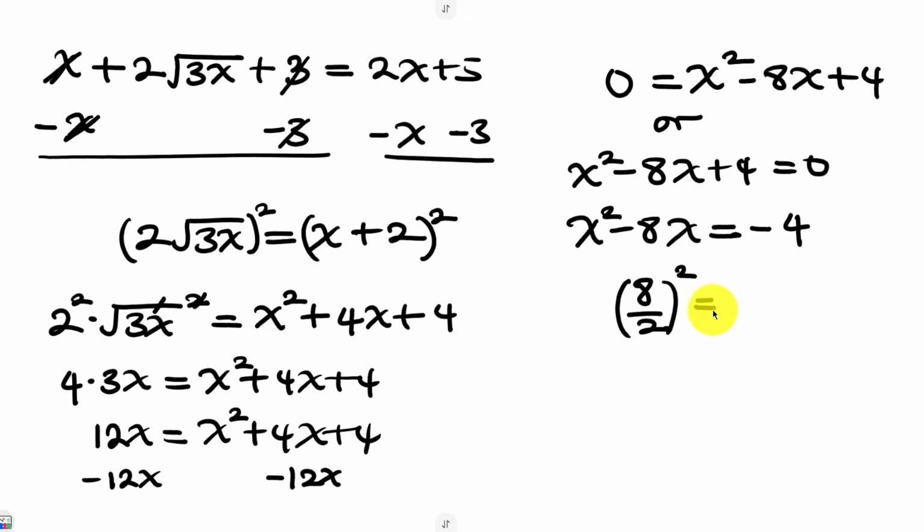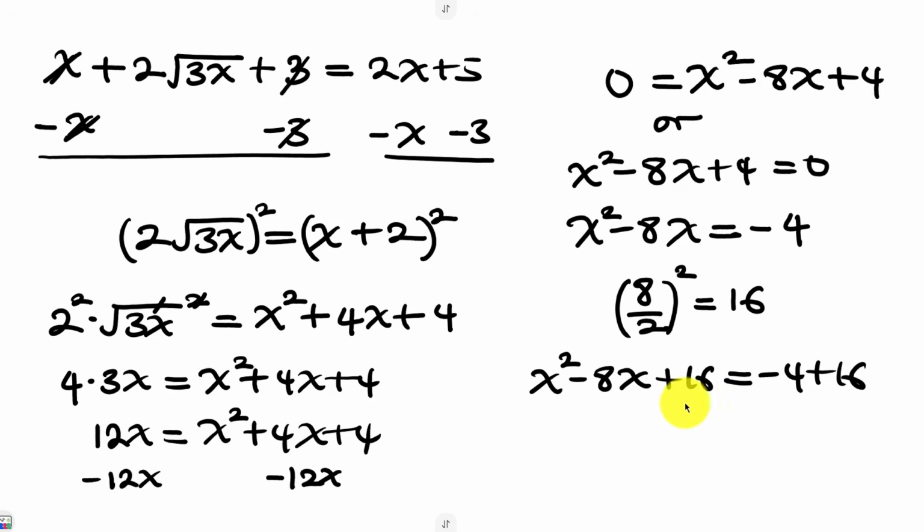So 8 divided by 2 is 4, so 4 squared is 16. So I'm going to be adding 16 to both sides. So I have x squared minus 8x plus 16. This is equal to negative 4 plus 16.